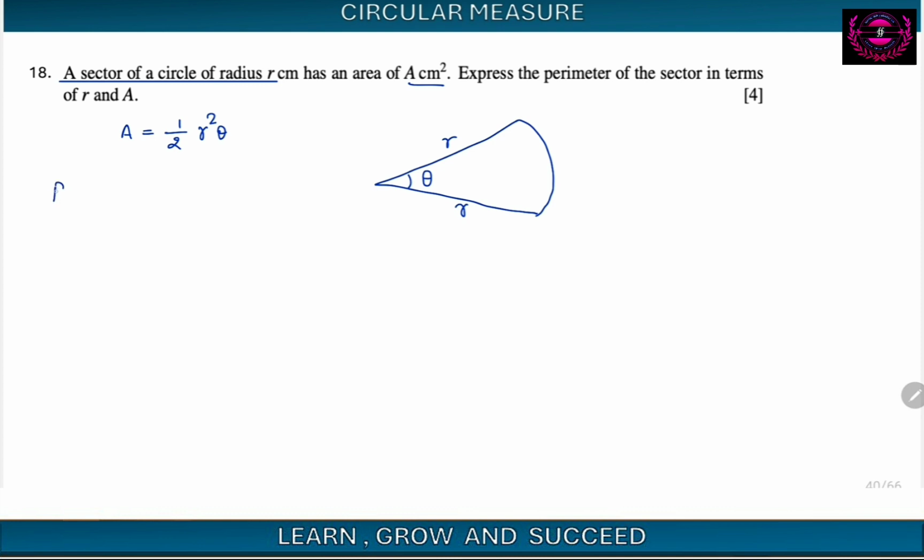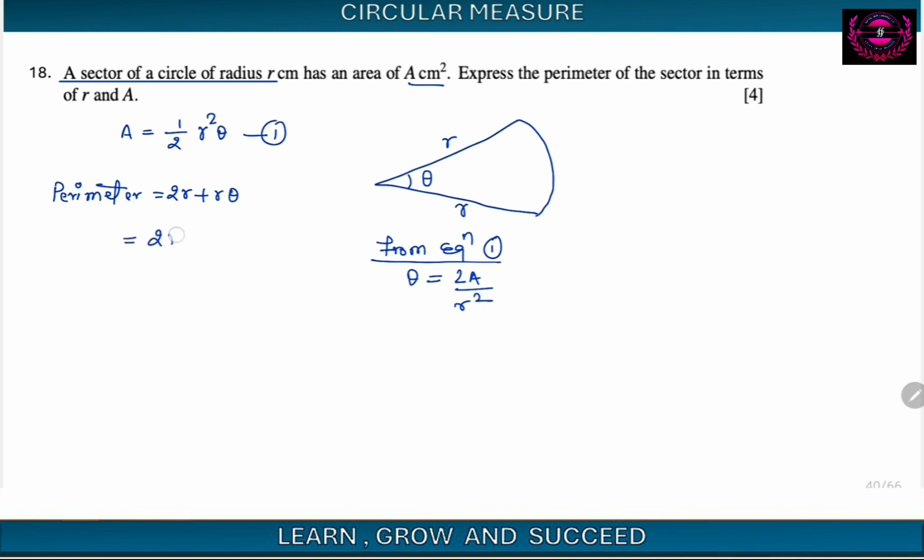So the area is half r square theta, equation 1. And if you ask me what the perimeter is, the perimeter is r plus r, which is 2r, plus the arc length, which is r theta. Now from the perimeter you have to eliminate theta. From equation 1 we have theta equals 2a upon r square.